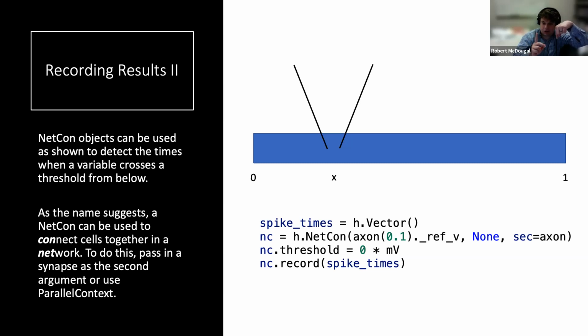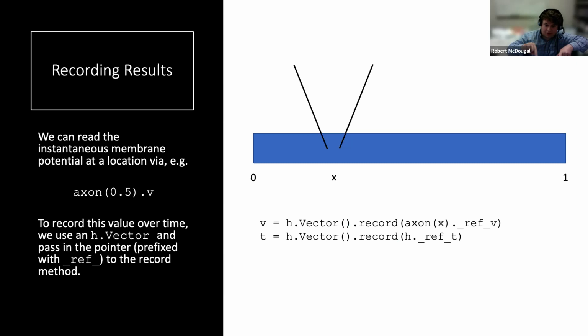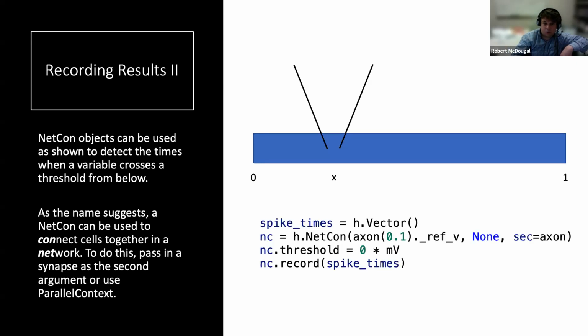So you can calculate the speed of an action potential propagation, or the speed of a calcium wave, or the speed of any of a number of things using this kind of infrastructure. All right, so we can record a time series using an underbar ref in this syntax. We can record spike times, or really event times, because we're not limited to spikes, using a netcon.